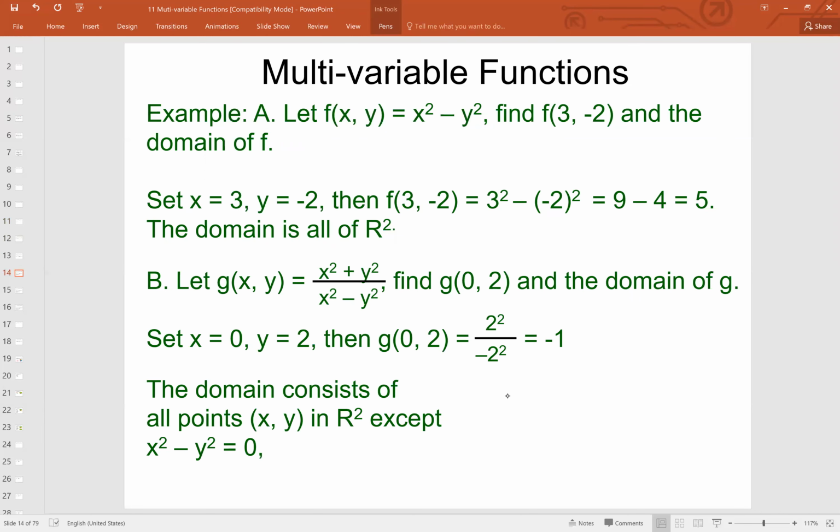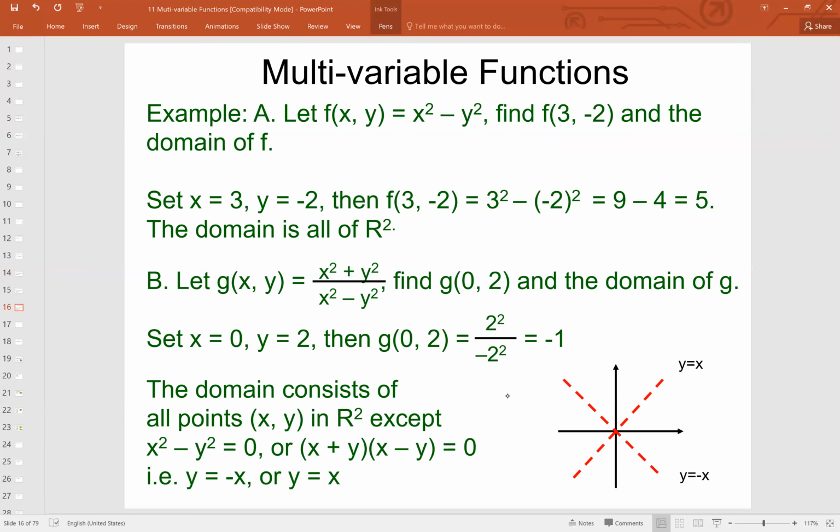Because it's a fraction, the domain consists of anything as long as the denominator is not 0. When the denominator equals 0, you factor, and you find two equations for the points that make the denominator 0. So you have to exclude these two lines. The domain is everywhere except these two dotted lines.